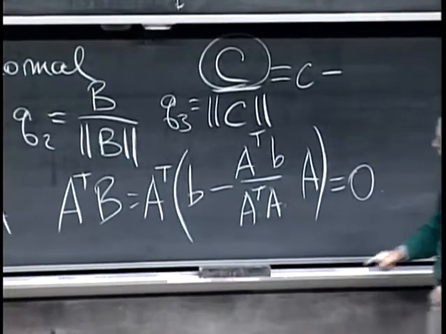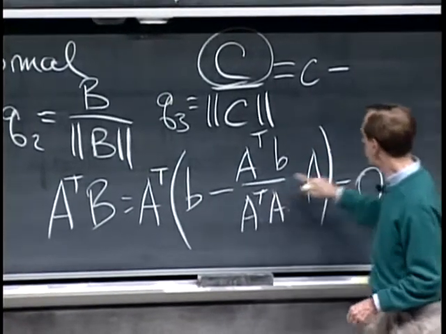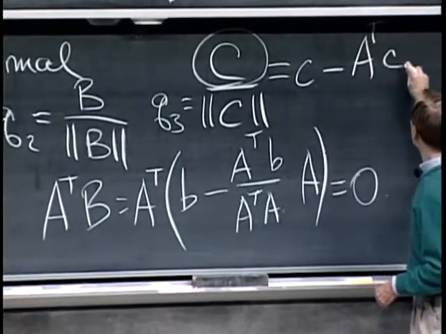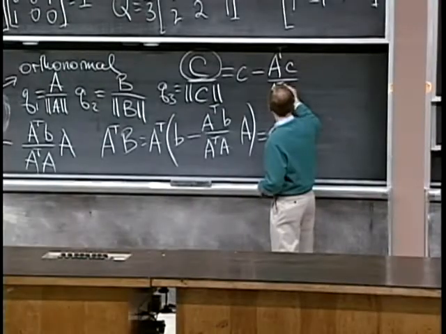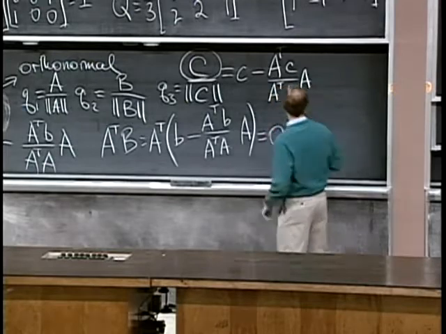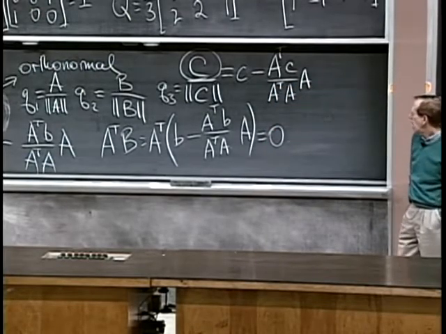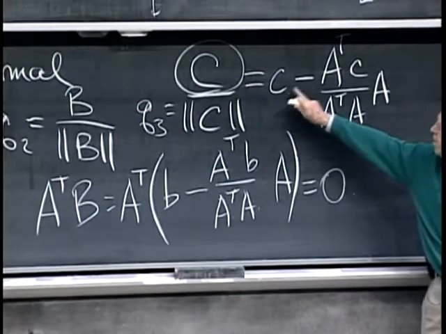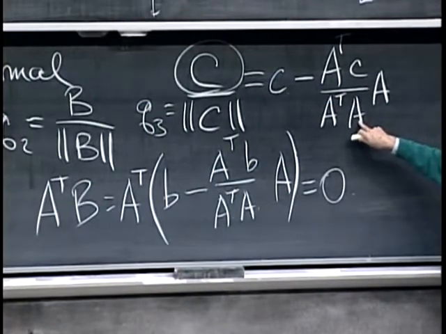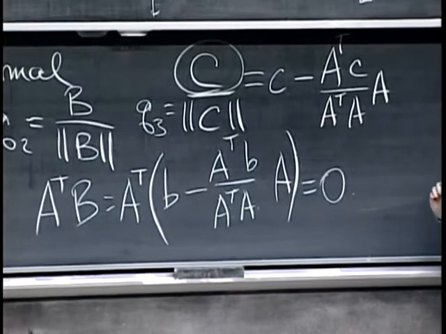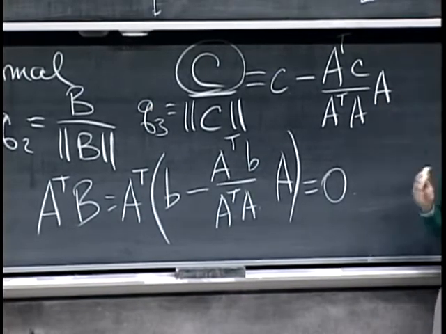Well, I know how to do that. I did it with B, so let me take away. What have I done? I've got little c, and I've subtracted from it its component, its projection, if you like, in the A direction.